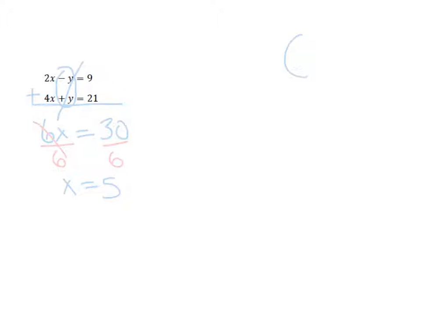I'm looking for the intersection point, so I need to find the y value, and I'm going to plug it back into one of my equations. For me, the bottom one doesn't have any negatives, so I'm going to work with that one. 4x plus y equals 21. I'm going to plug that 5 in for x.